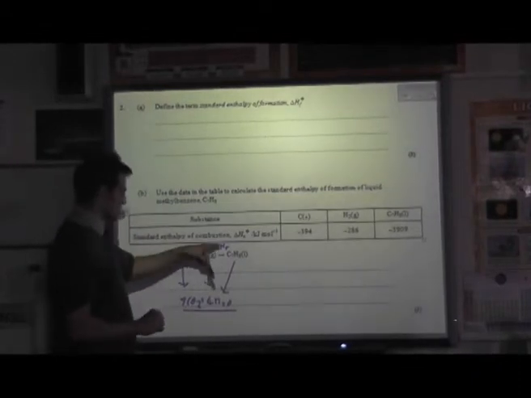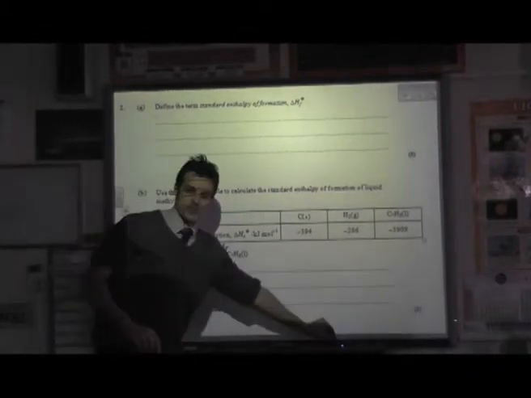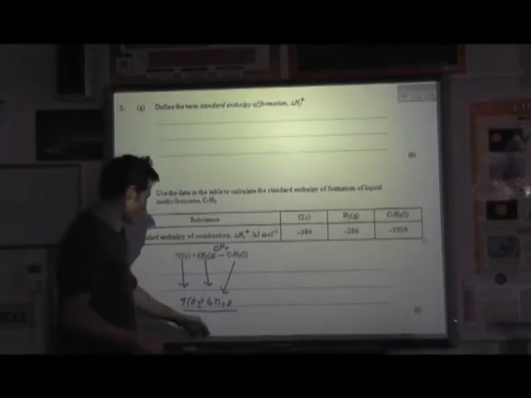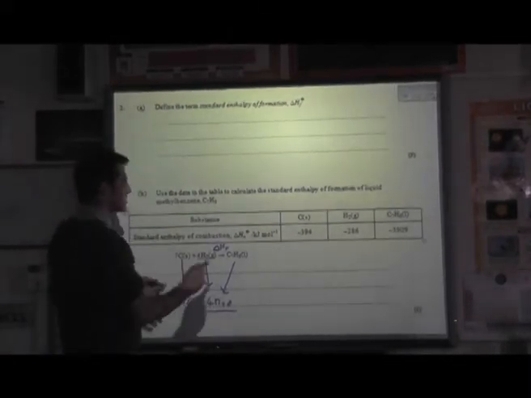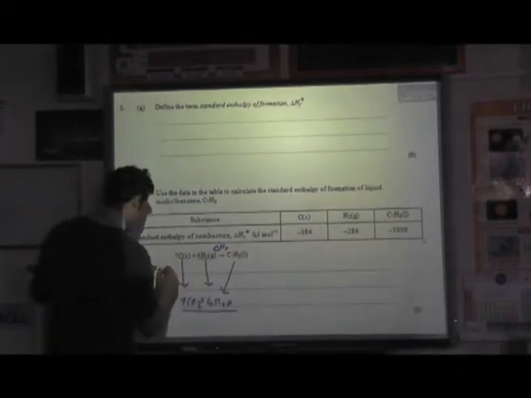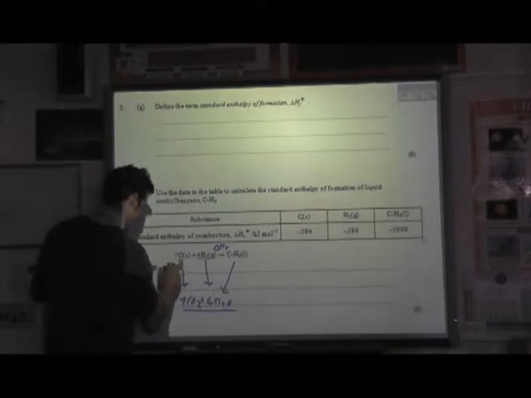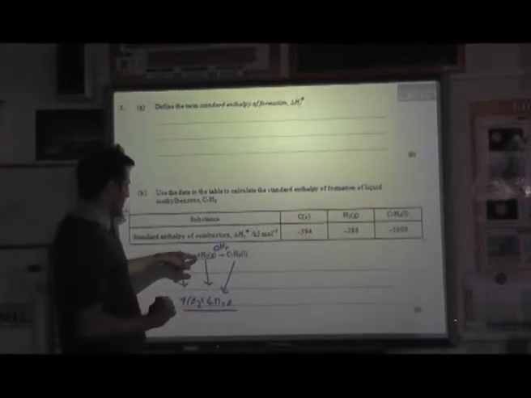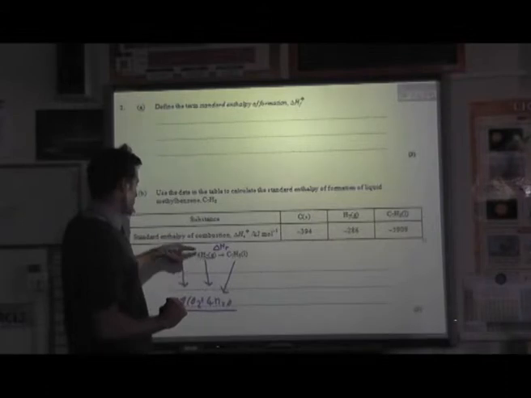So, let's put in the values for those. Might as well put in the values right now. So, we're burning 7 moles of carbon, so it's going to be 7 times minus 394. And here we're going to burn hydrogen.